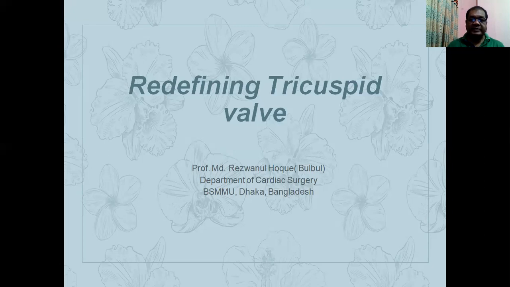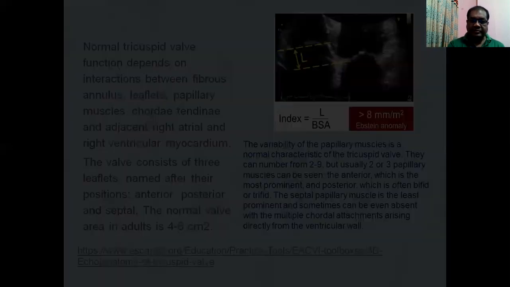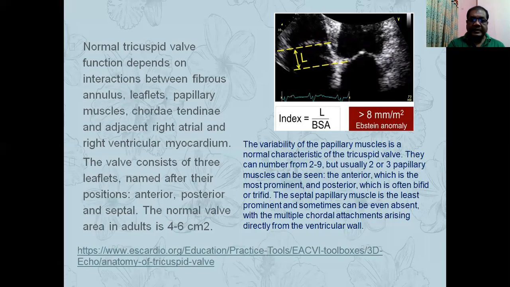If we neglect it and do not address the problems of the tricuspid valve at the time of mitral valve surgery or aortic valve surgery, then the long-term effect will be very much deteriorating and it will affect the quality of life of the patient as well as the survival. So nowadays, the tricuspid valve has been given adequate importance.